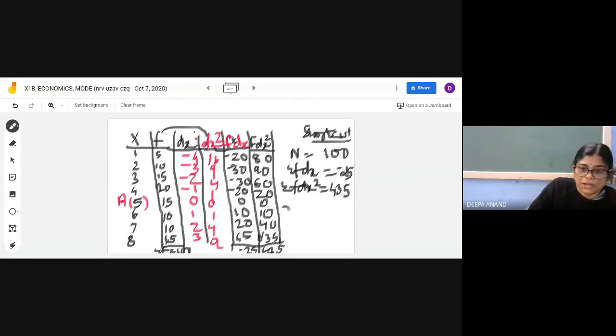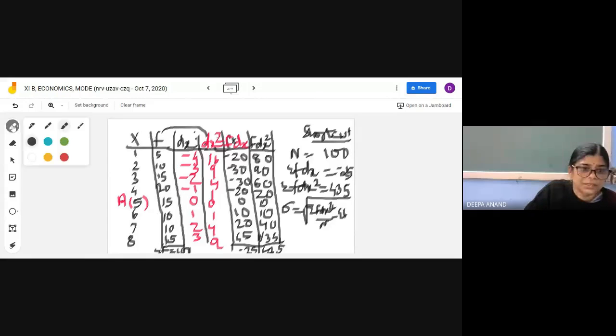You know the formula: standard deviation is equal to root of sigma f dx square upon n minus sigma f dx by n the whole square. I will write it down.